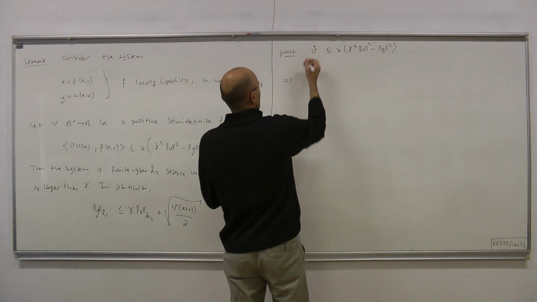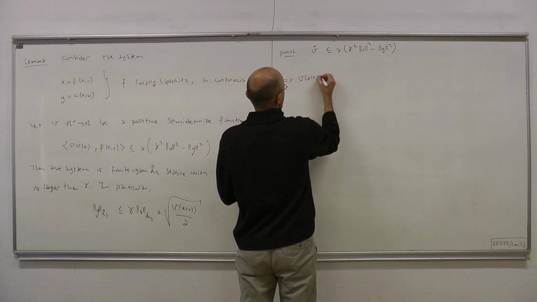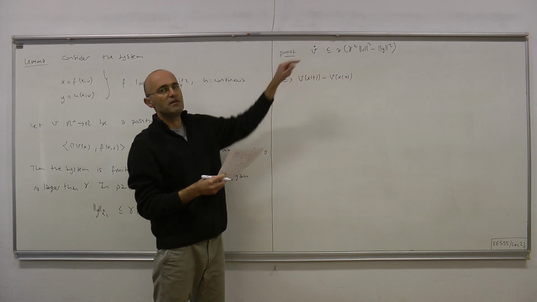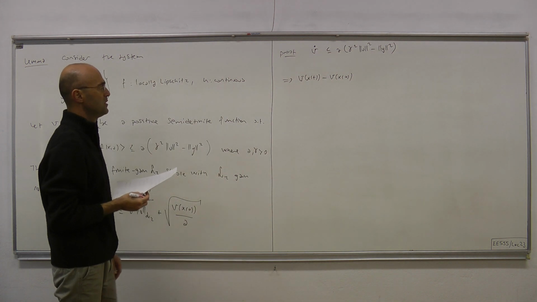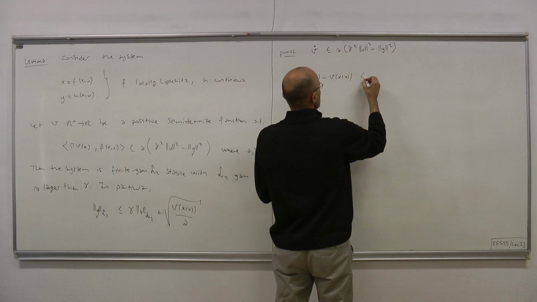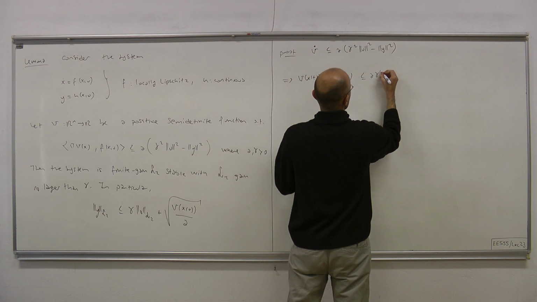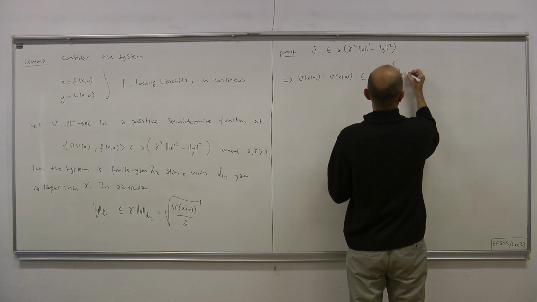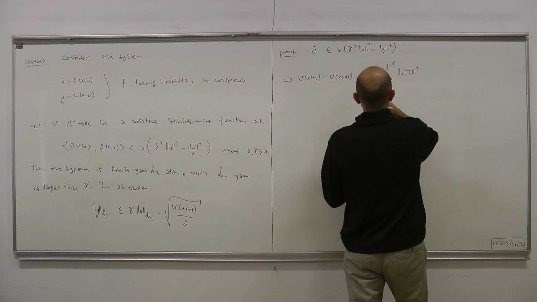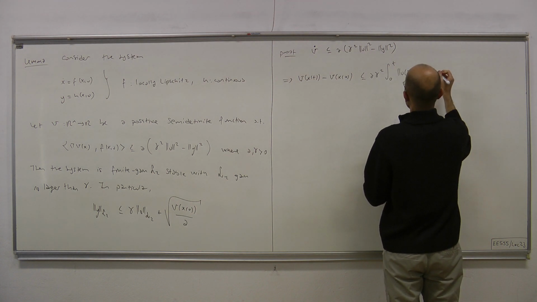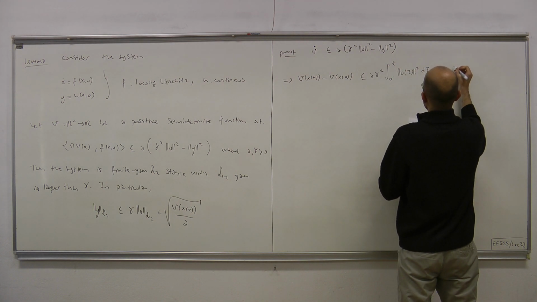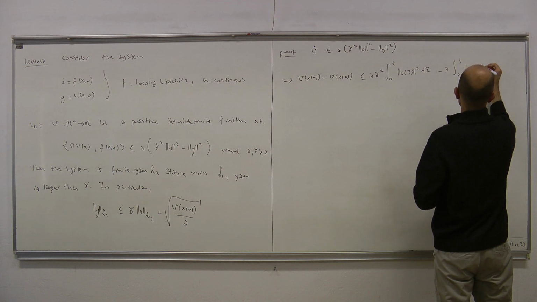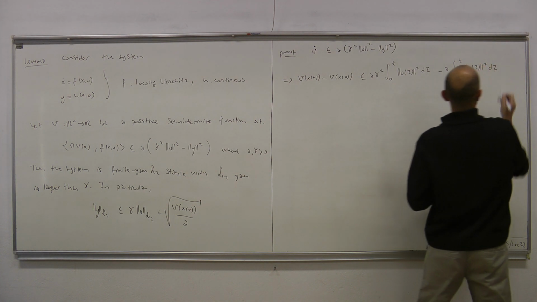And if you do that, you have V of x of t minus V of x of 0, the integral of this term V dot from 0 to t, and that's less than or equal to a gamma squared times the integral from 0 to t of the norm squared of the input, d tau, minus we do the same thing to the output, y of tau squared d tau.